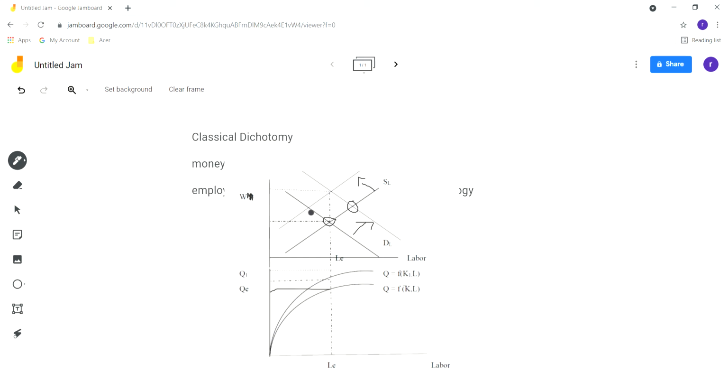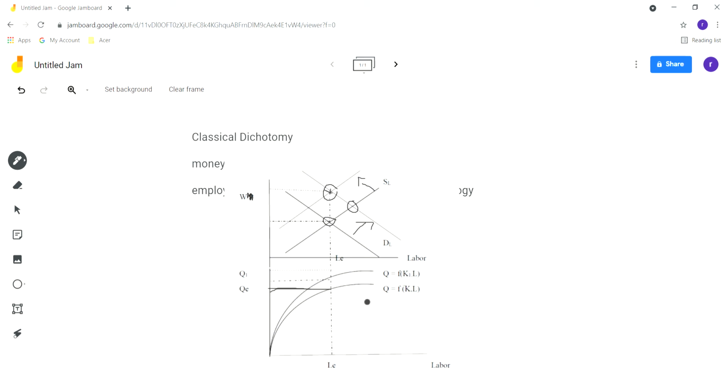Okay, so if the producers want to make workers work, then they have to increase the money wage rate, and that's exactly what they do. They increase the money wage rate, and so again the equilibrium goes back to this point. And when equilibrium goes back to this point, we see that the amount of labor employed remains the same at LE, and with an LE amount of labor you can still produce only QE amount of output.